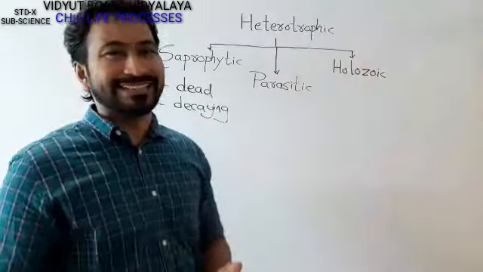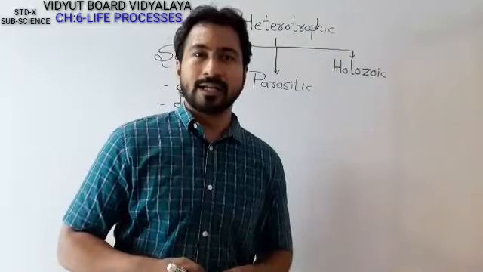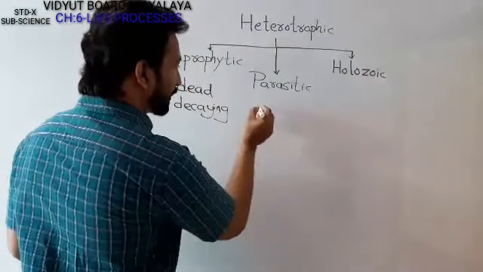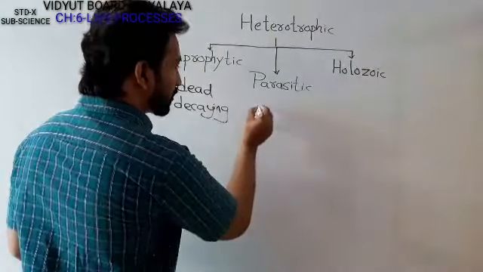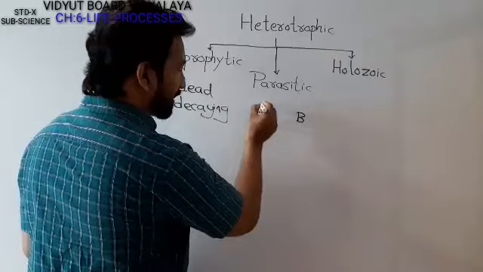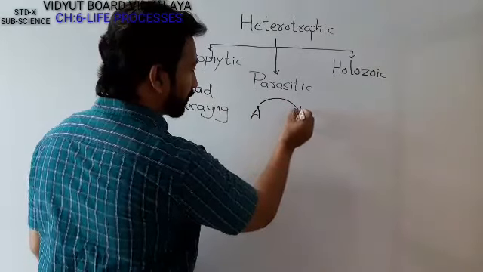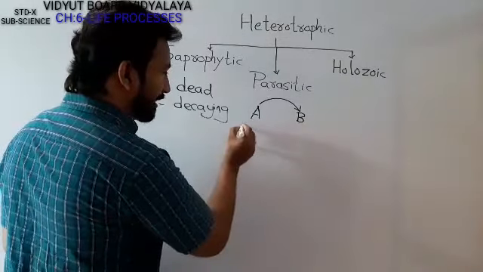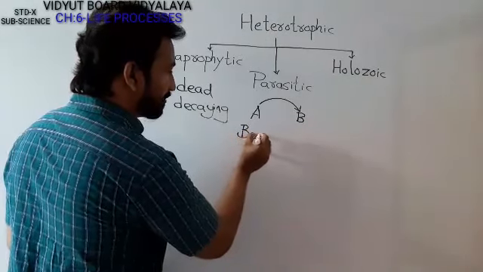The second one, that is the parasitic. Now let us give one example of it. Now if there are two organisms, organism A and organism B. This organism A eats food from organism B. So this organism A is getting benefit.